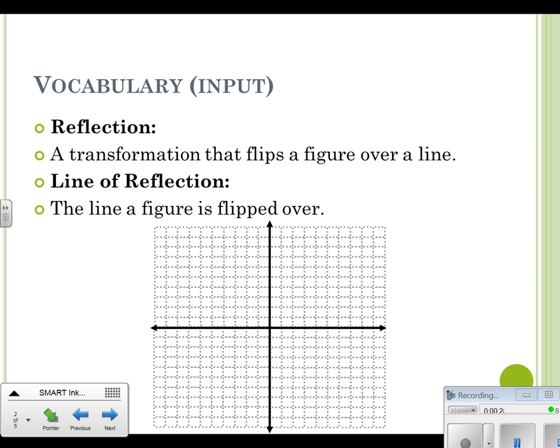So what we're going to do is take a coordinate plane here, and we are going to graph a triangle. Sorry about that. So here's a triangle. We're going to connect the points.